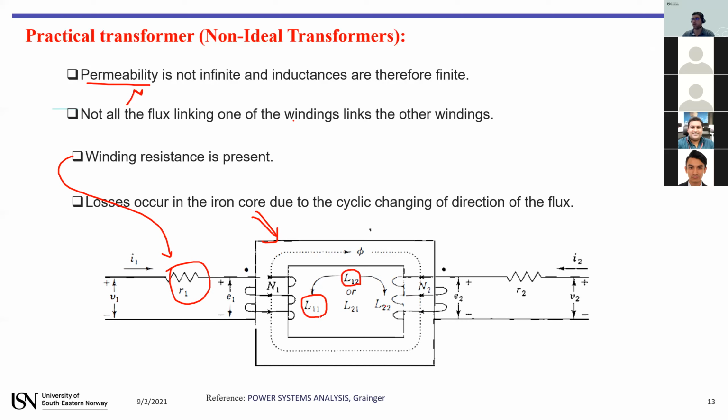It's the mutual inductance and the self-inductance. For each winding, we have self-inductance, and between two windings, we have mutual inductance. It's because the transformer is not ideal. And we have the same resistance here for the secondary winding.